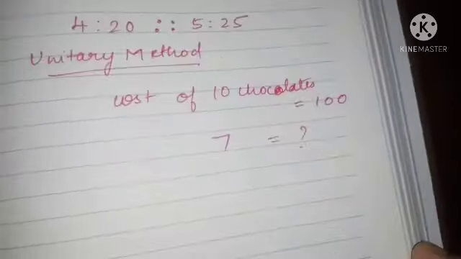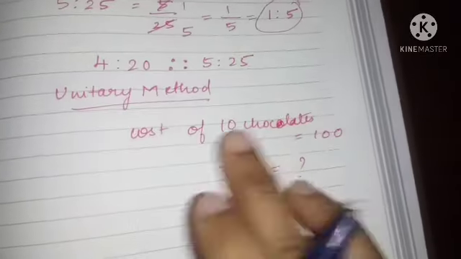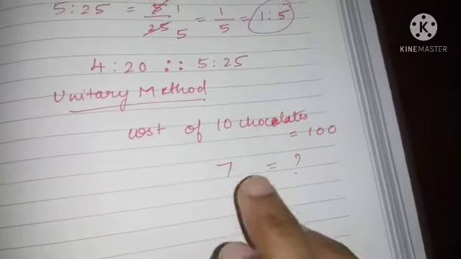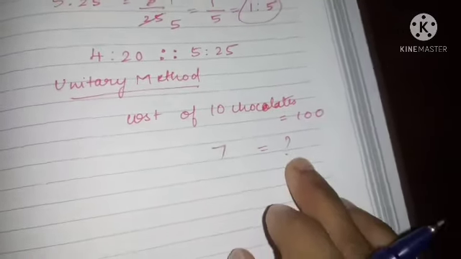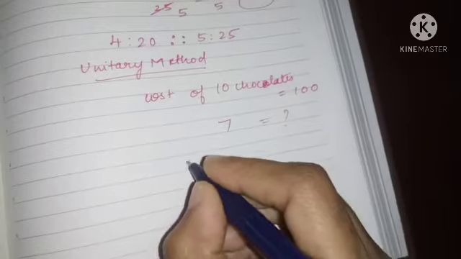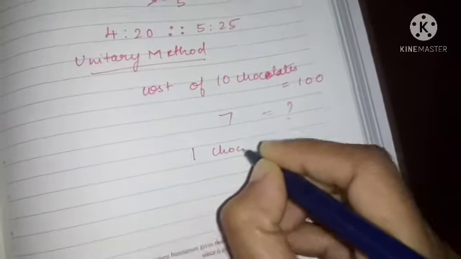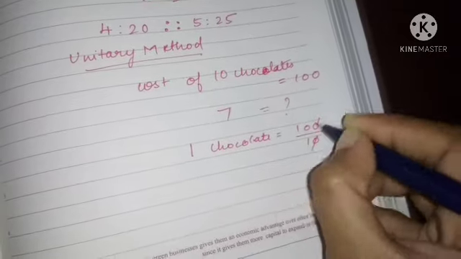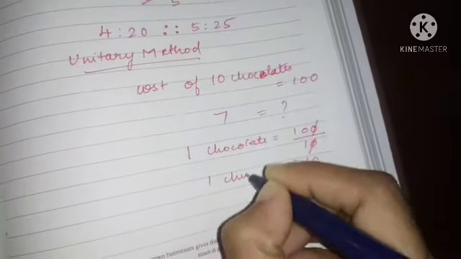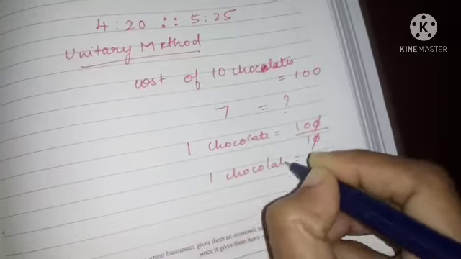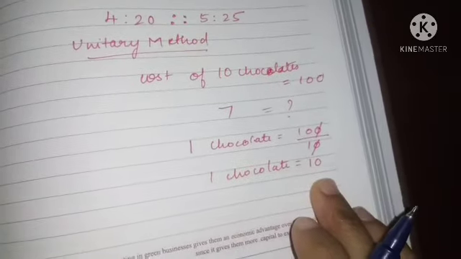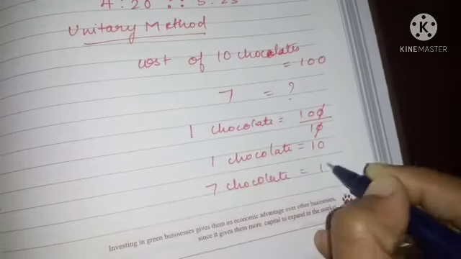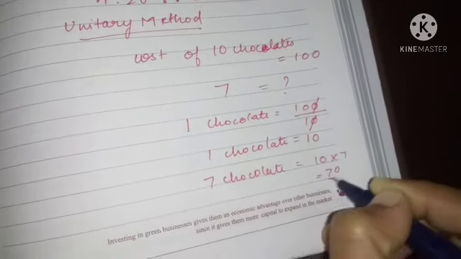How will you find it? You will find the cost of 1 chocolate, which is 100 by 10, 10 rupees. Then for 7 chocolates, it is 10 into 7, 70 rupees.